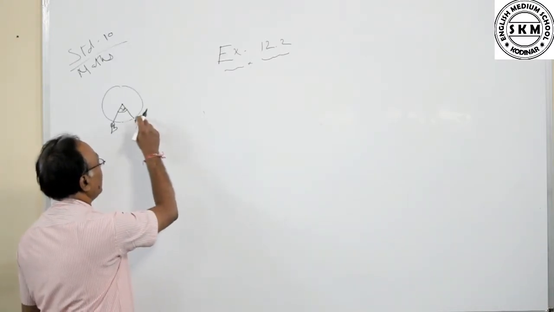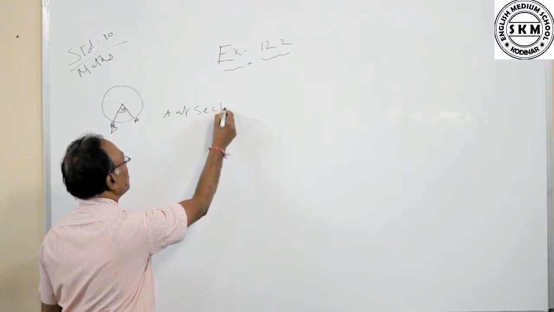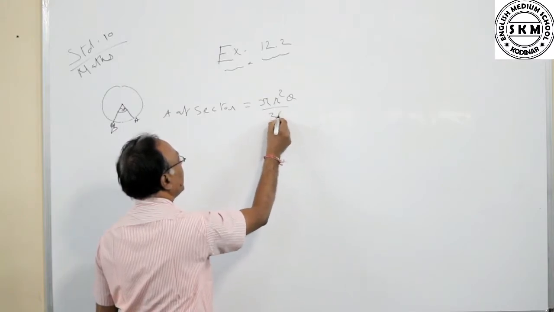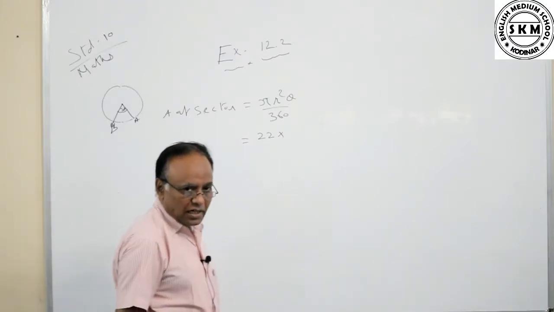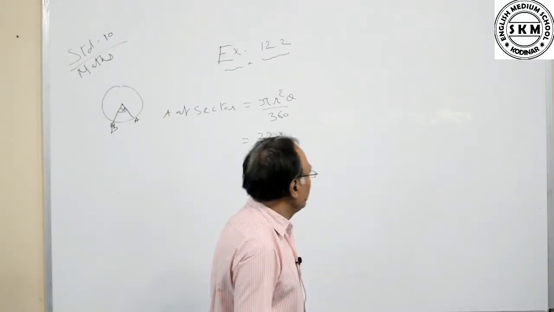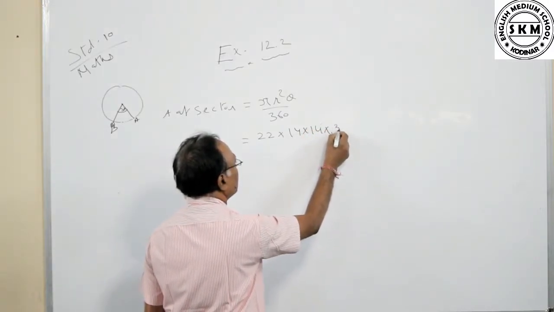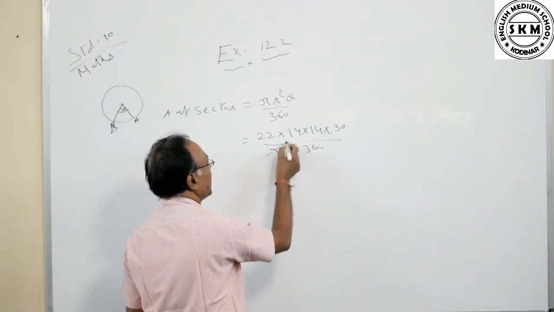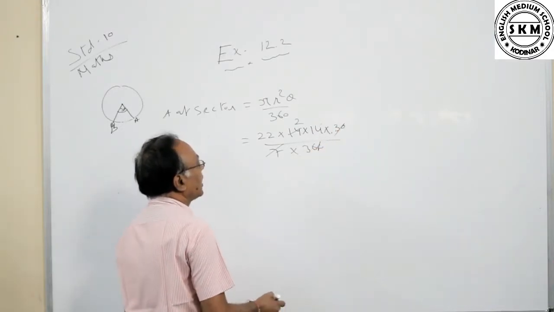Now apply, it forms a sector. So area of the sector is equal to pi r square theta upon 360. Pi is 22/7. The length of the minute hand becomes the radius, so the radius here is 14 into 14. Theta we found is 30 degrees. 7 twos are 14, zeros cancel.